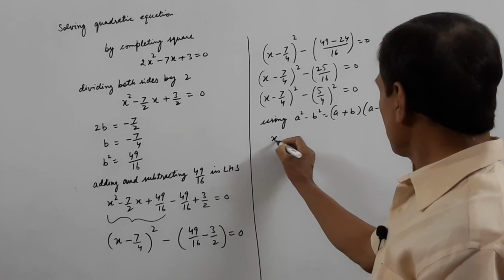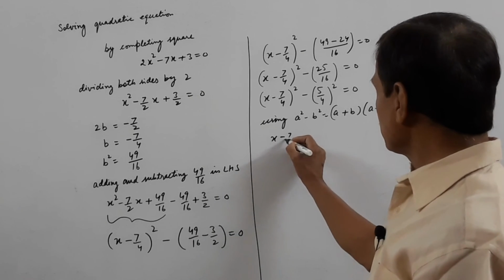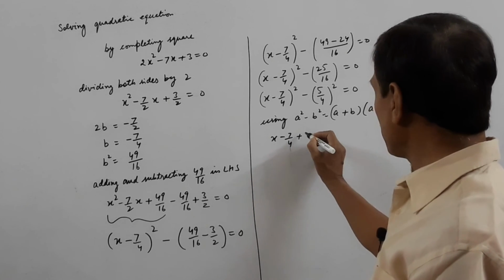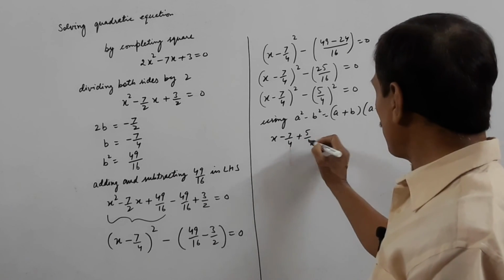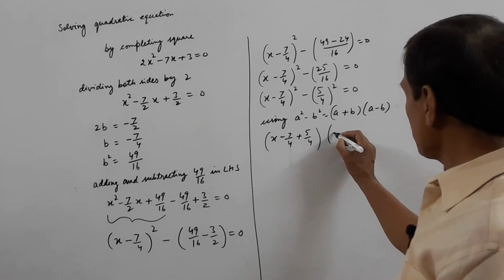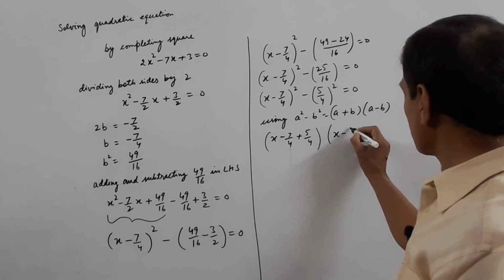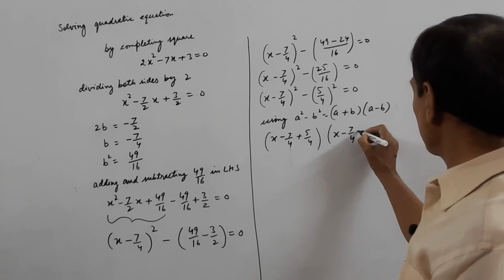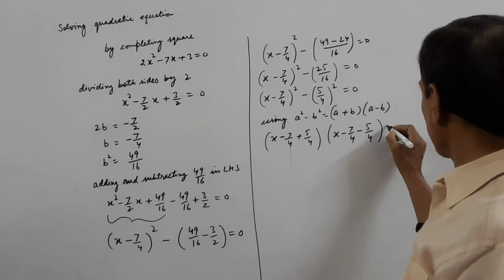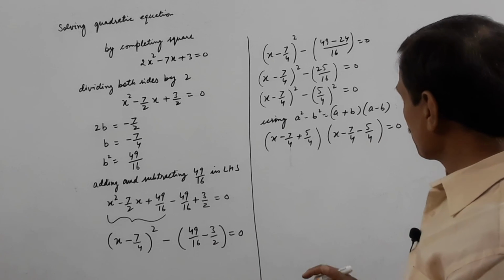So this is x minus 7 upon 4 plus 5 upon 4 multiply by x minus 7 by 4 minus 5 upon 4 is equal to 0.